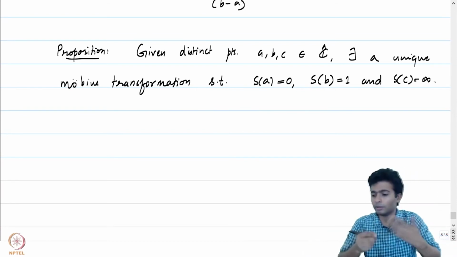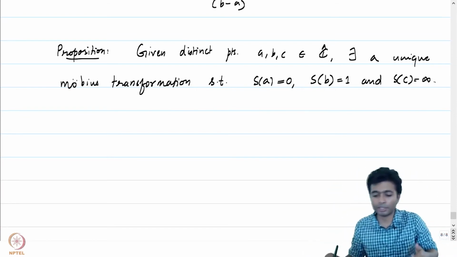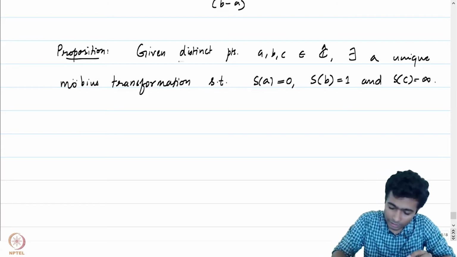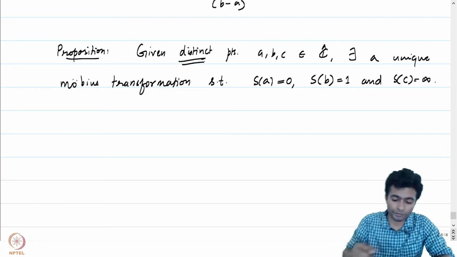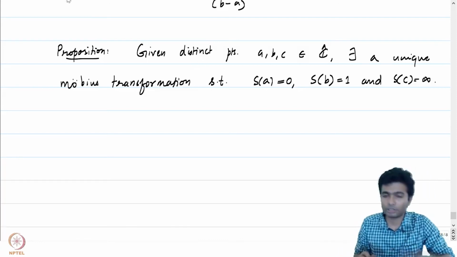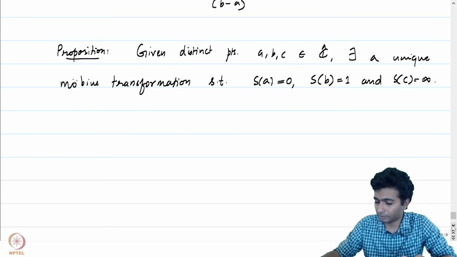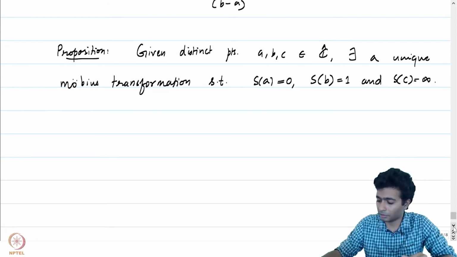We have taken care of all the possibilities as well, right? A, B or C, one of the three could be the point at infinity, and still we have got hold of a Mobius transformation which manages this. We have proved this proposition.